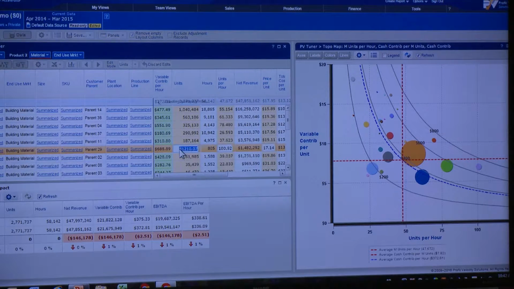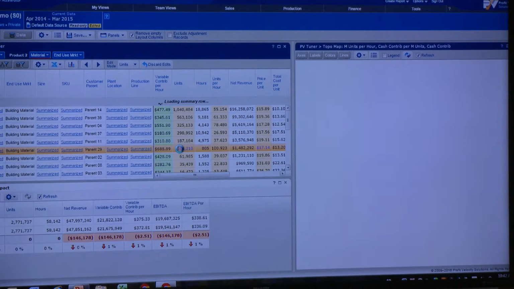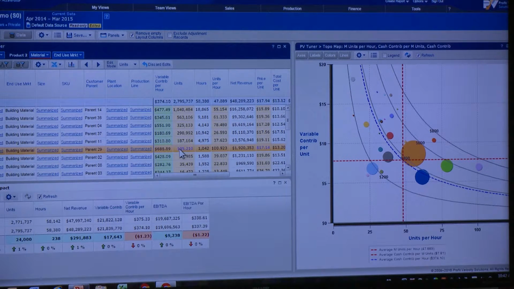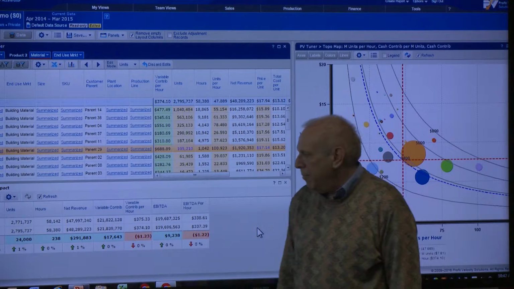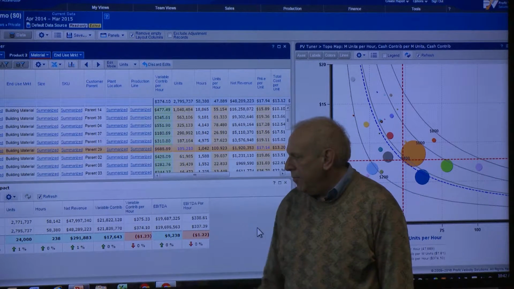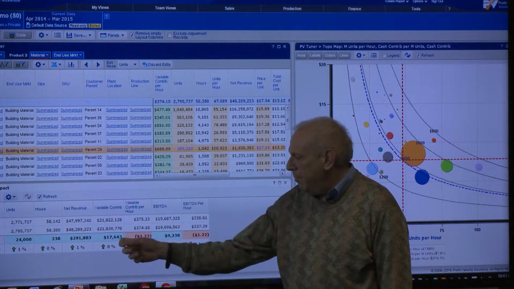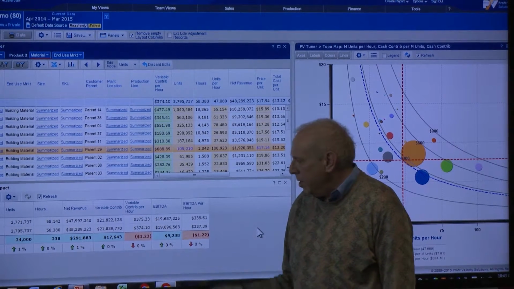And we're going to bump our volume up again by that 30% increase. Now what we see is our revenue almost goes up by 300,000, and our variable contribution, or cash, is now positive 17.